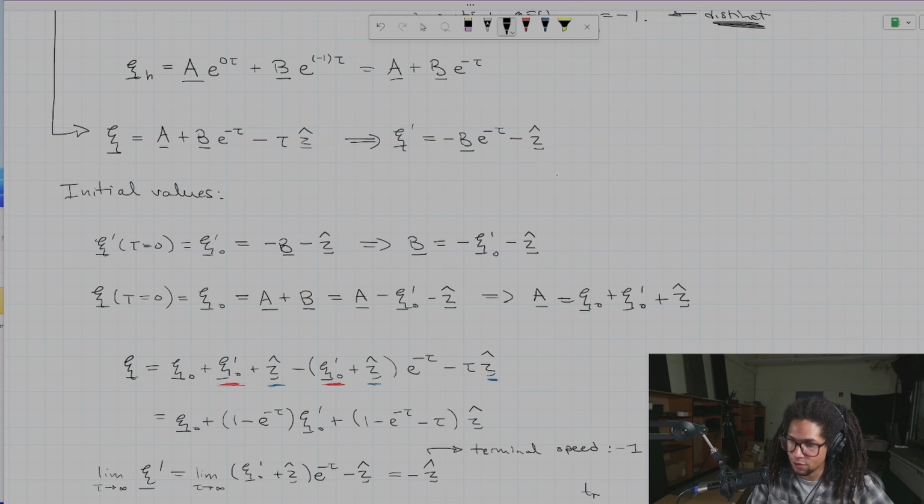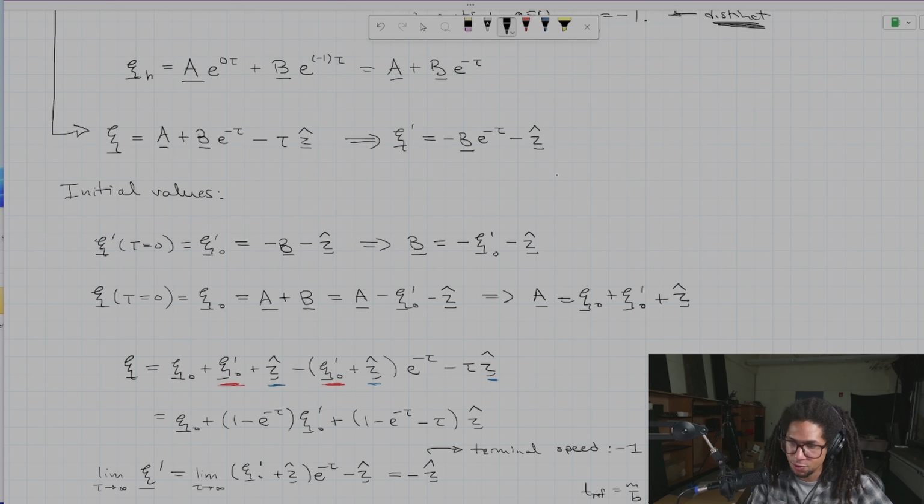And recall that T ref is equal to m over b. L ref is equal to g m squared over b squared. That means if I need to make a v ref speed, that's just going to be L ref over T ref. So that's going to be g m over b.